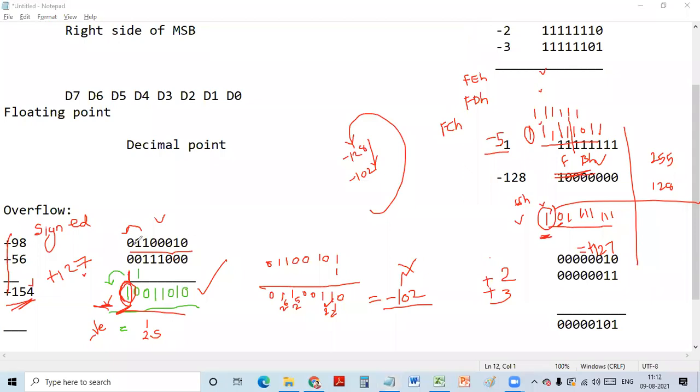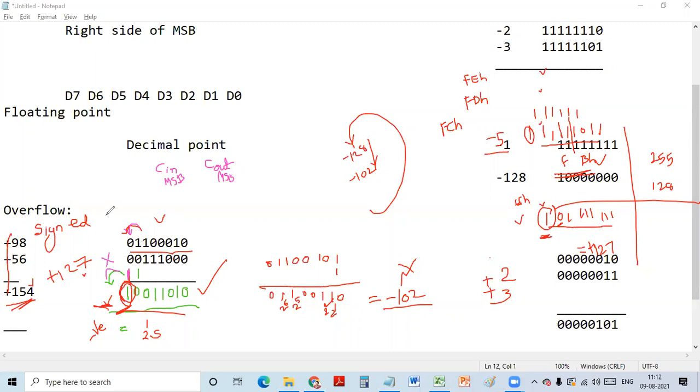See here, check here. We got a carry into MSB here, and we don't get any carry out of MSB in this case. Okay. So carry into MSB and carry out of MSB, you have to concentrate.